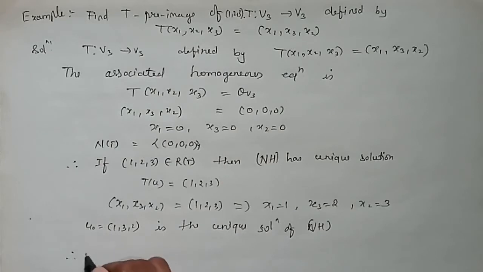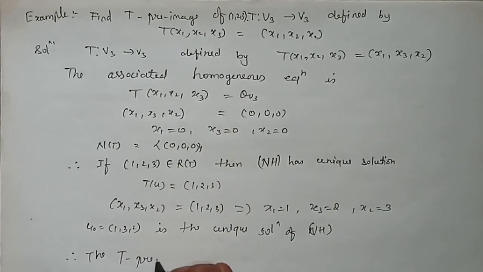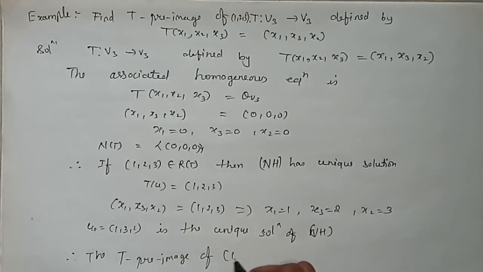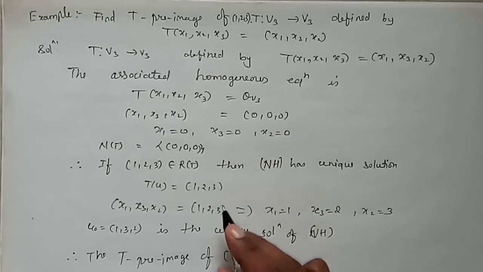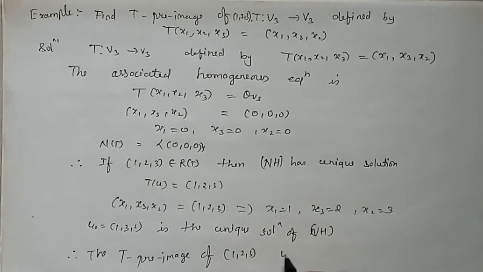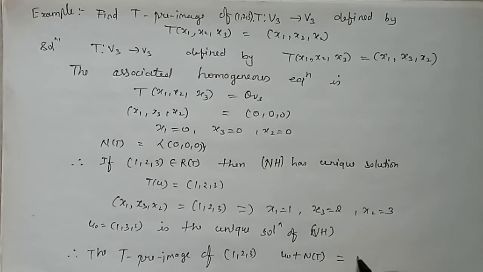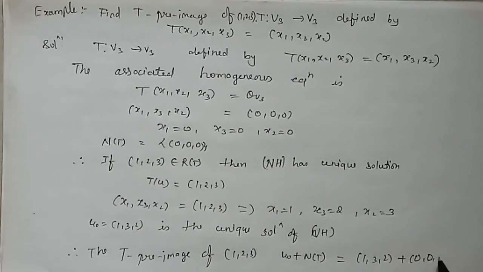Therefore the T pre-image of (1, 2, 3) is u naught plus the nullity of T, but the nullity is nothing but the (0, 0, 0) element. So u naught was (1, 3, 2) and the nullity of T was (0, 0, 0). So this is (1, 3, 2).